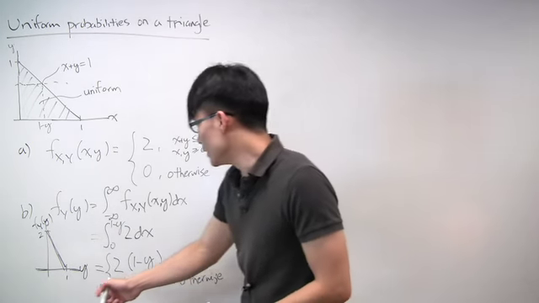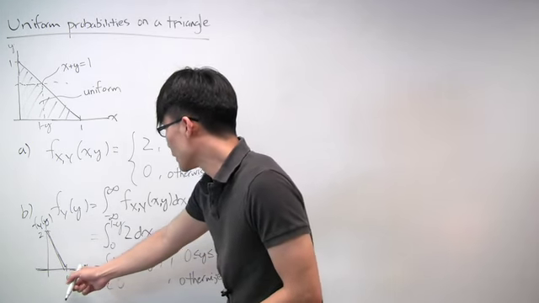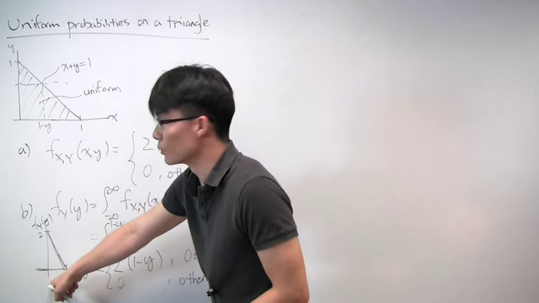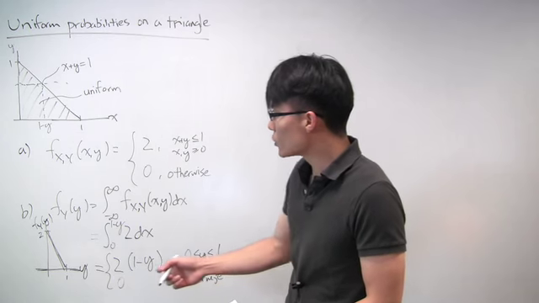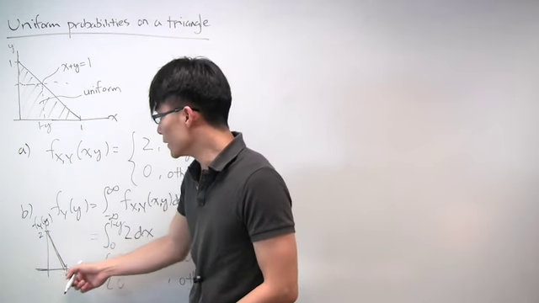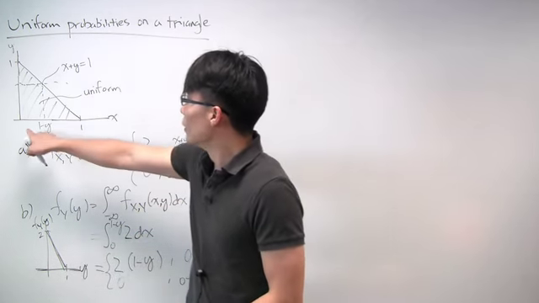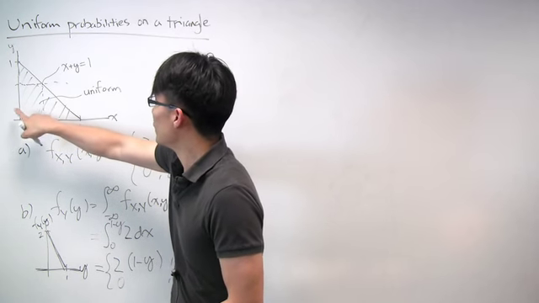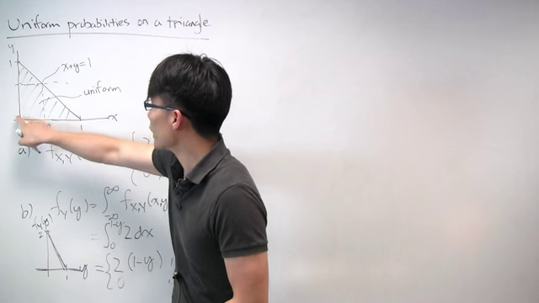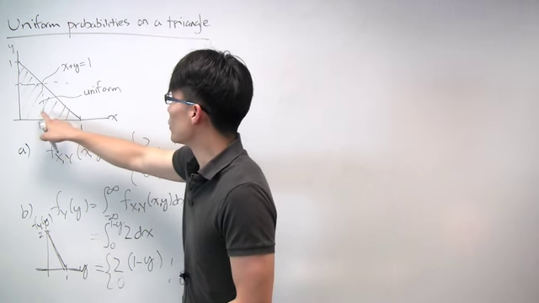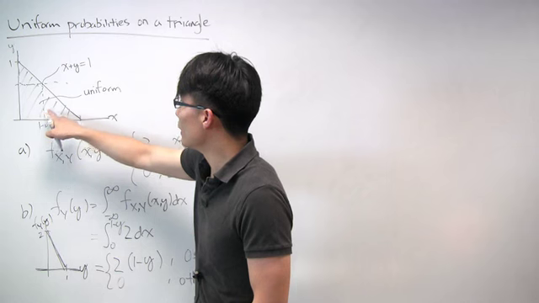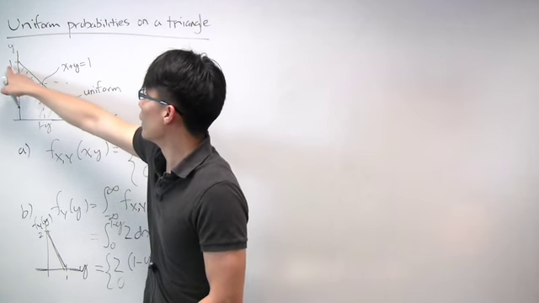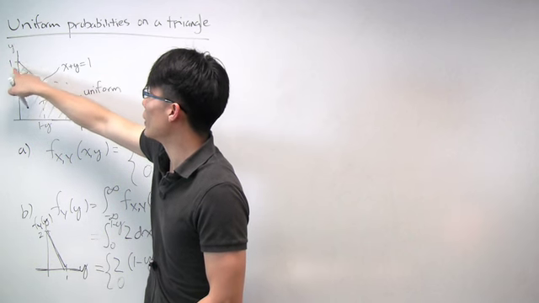And the other thing we notice is that there is a higher density for smaller values of y. So why is that? Why are smaller values of y more likely than larger values of y? Well, because when you have smaller values of y, you're down here, and it's more likely because there are more values of x that go along with it that make that value of y more likely to appear. Say you have a large value of y, then you're up here at the tip.